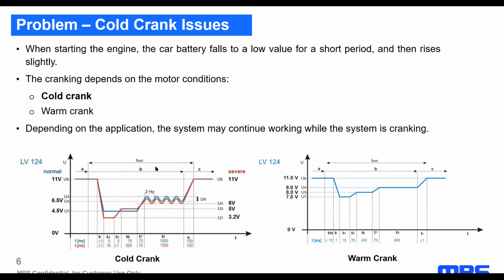This profile depends on the motor conditions, and the most critical one is where the motor is cold. As has been said in the previous slide, some ADAS must ensure their functionality all the time that the car is in use. This is, the system must be immune to this car battery profile and supply a constant voltage level to the different sensors and cameras placed inside a common ADAS.